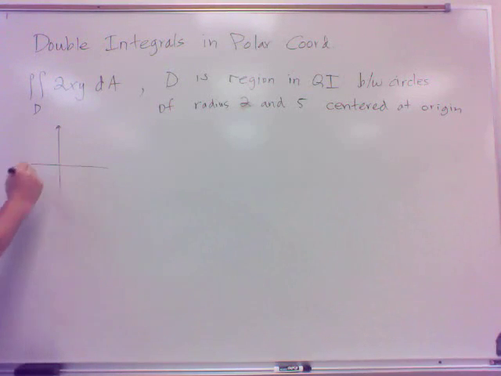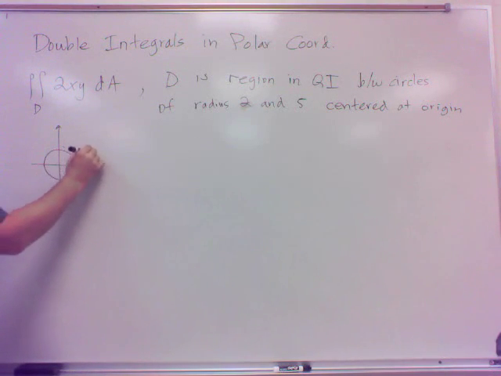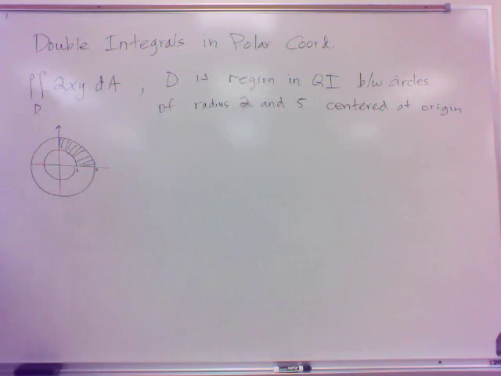Okay, so draw region D here. Quadrant 1, so we've got radius 2 and radius 5 circles. And so I want to do the quadrant 1 thing, so it's just that part.